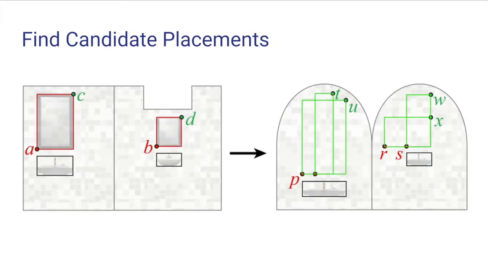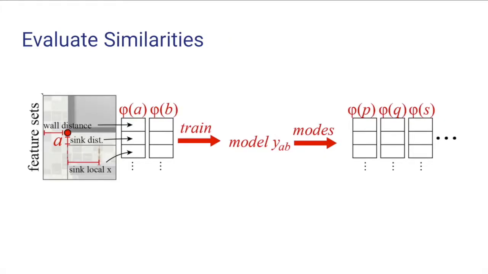Afterwards, we use that relationship information to calculate possible candidate placements. Based on the relationships between elements in the example scenes, we can start to approximate what might be the desired placements for the output scene. We are able to evaluate those candidate placements using a target function based on Bishop's kernel regression.